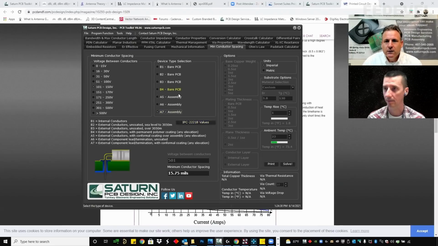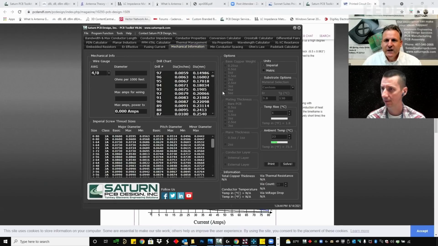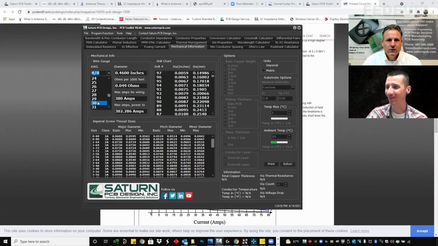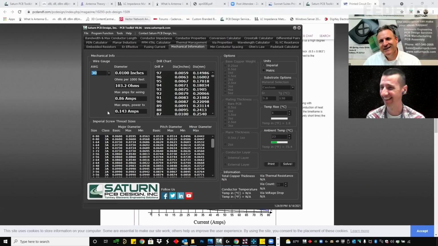Okay. Next, mechanical. What's mechanical information? That's something I haven't updated in quite a while. Here's a 4-aught wire, for example. Or let's go to something more usable. I always Google for these, and I didn't know it's in your calculator. Yeah.